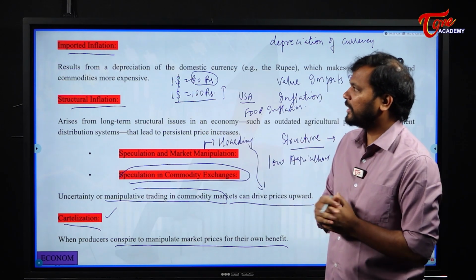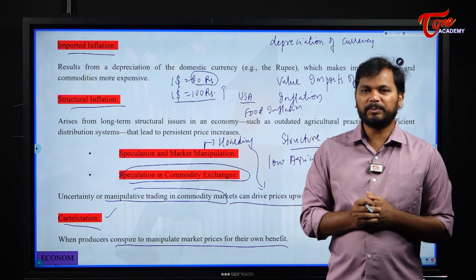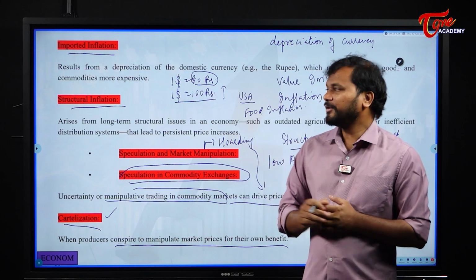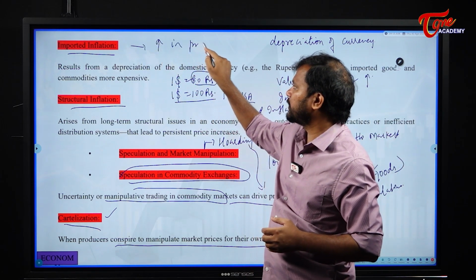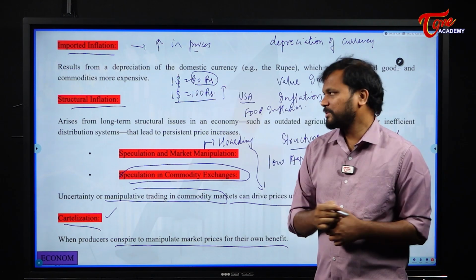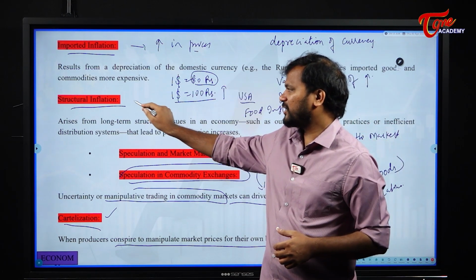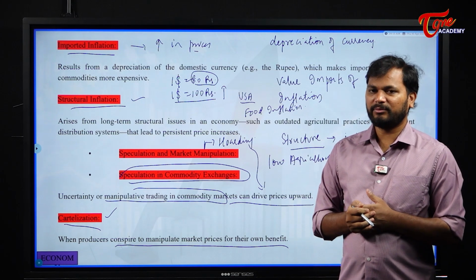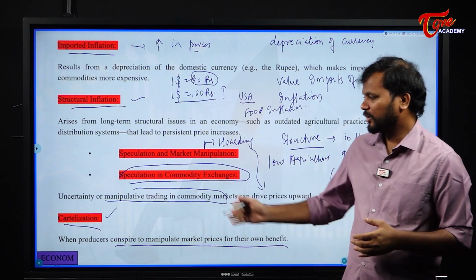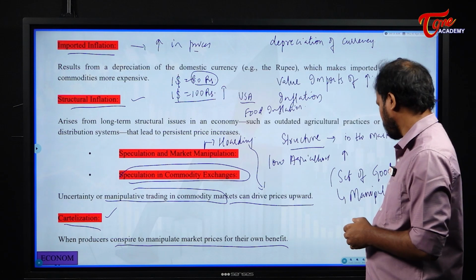And also imported inflation: how the depreciation of the currency will lead to an increase in the price of goods at the domestic level. And also structural inflation: what are the structural things that might happen with respect to the increase in inflation, and also cartelization, etc. Clear?